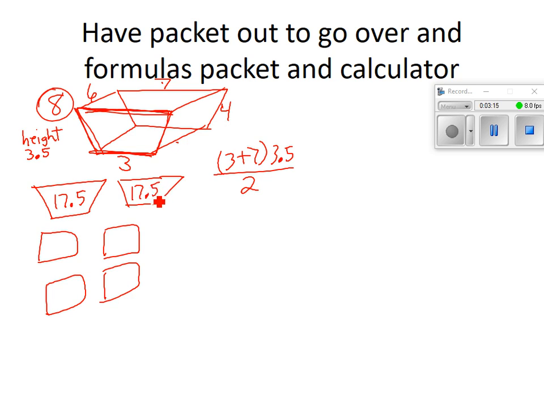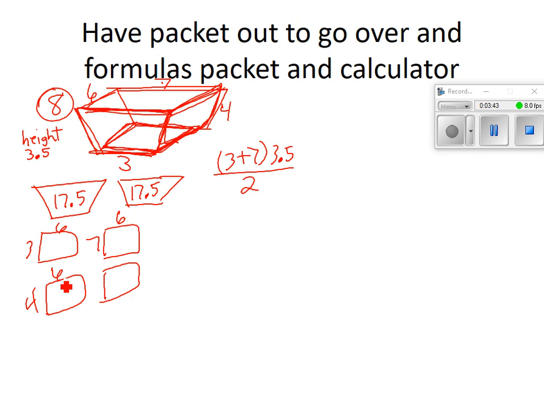Now the rectangles. Let's do this bottom first. What's the dimensions of that bottom rectangle? 3 by 6. Everybody agree with that? What's the dimensions of this top rectangle? 6 by 7. What's the dimensions of this side rectangle? 4 by 6. Anybody noticing anything?